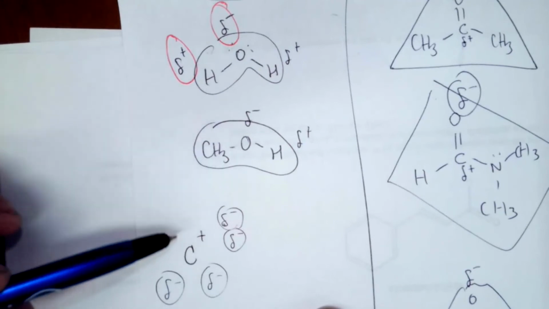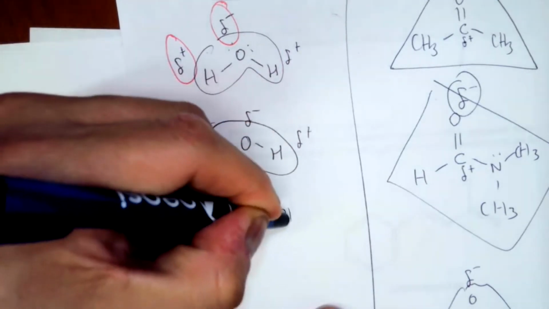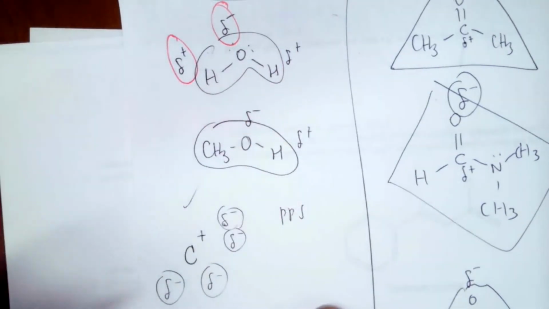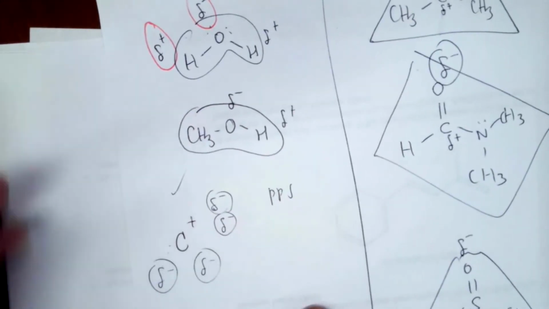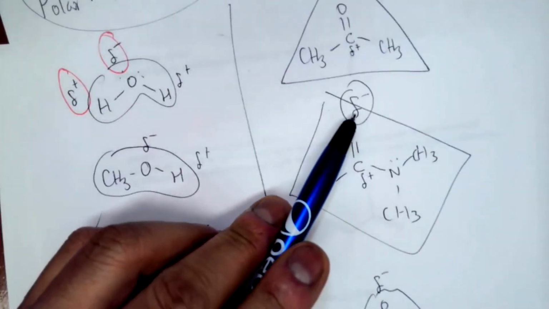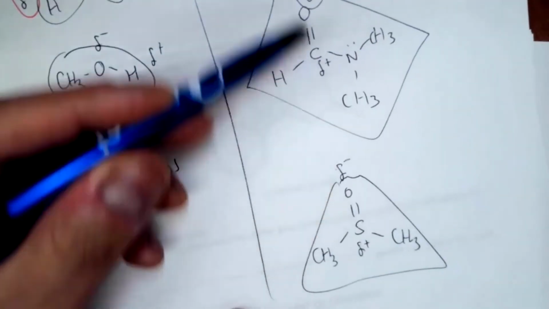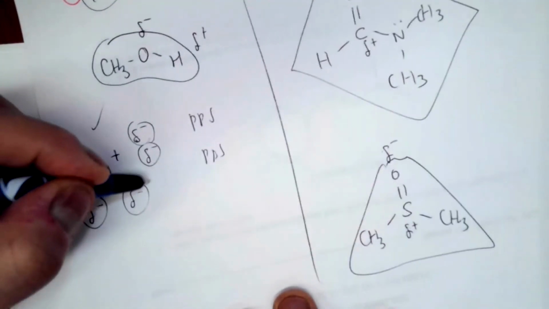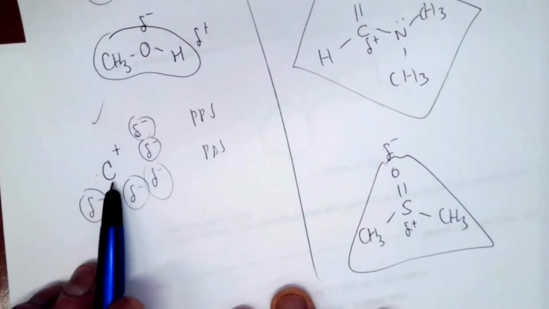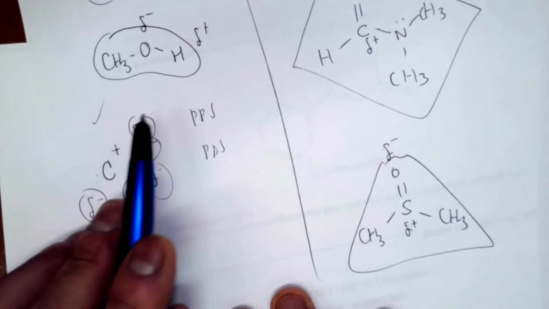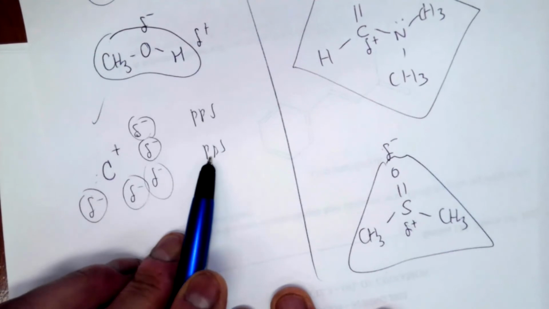They are on the outside of the molecule. So PPS can stabilize cations. What about PAS? Can PAS solvate cations? Yes, because the delta minus are exposed. So cations can be solvated by PPS and PAS.